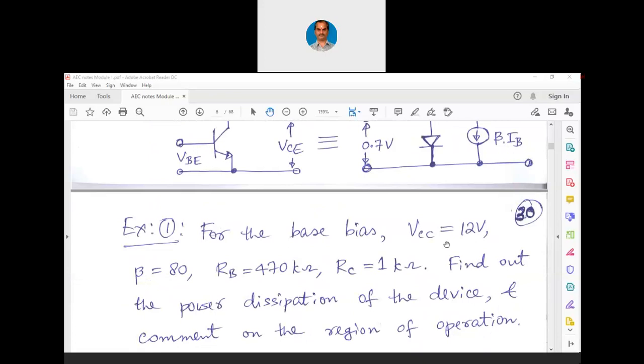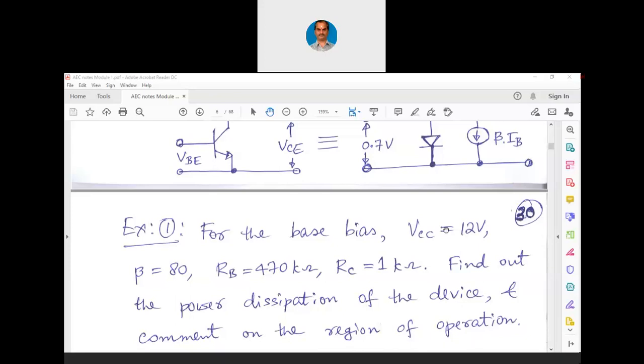For the base bias, VCC is 12 volts, beta is 80, RB is 470 kilo ohms, RC is 1 kilo ohm. Find out the power dissipation of the device and comment on the region of operation. I will give you around 3 minutes time. Can you try it out now itself? It's a very simple calculation.